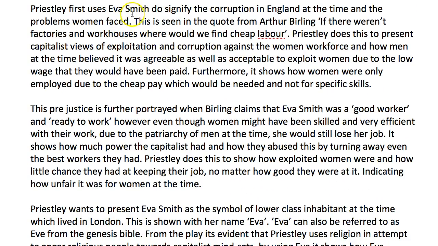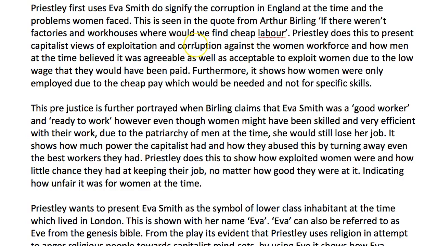Priestley first uses Eva Smith to signify the corruption in England at the time and the problems women faced. This is seen in the quote from Arthur Birling, "If there weren't factories and workhouses, where would we find cheap labour?" Priestley does this to present capitalist views of exploitation and corruption against the female workforce, that should be, or the workforce of women, and how men at the time believed it was agreeable as well as acceptable to exploit women.